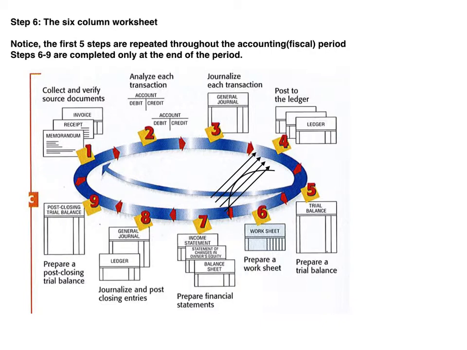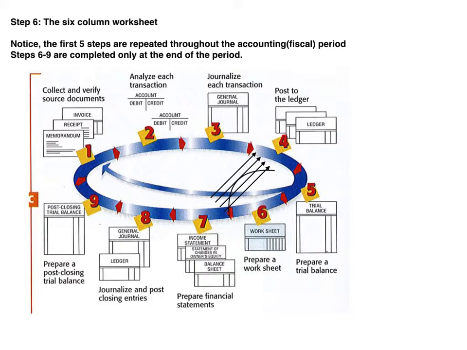So as a quick review, step 1, we collect and verify our source documents. Step 2, we analyze each transaction, and this is where we use our T-account tool to determine the debits and credits. Step 3, we journalize each of these transactions.